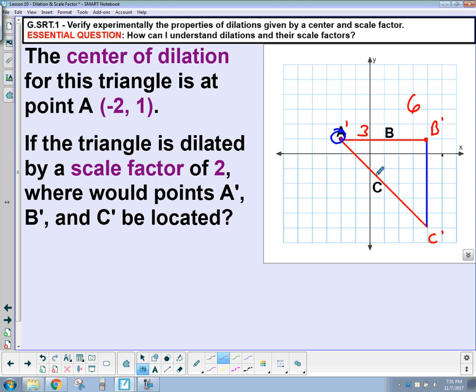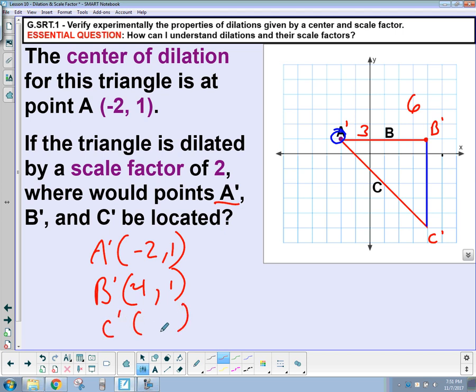So they want the points. Let's see, I think I have it on my other slide. Nope. So A prime stays put, so negative 2, 1. B prime, let's see, 1, 2, 3, 4, so 4, 1. Excuse me.